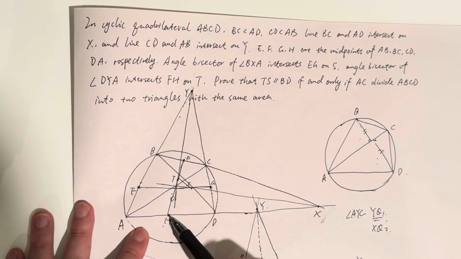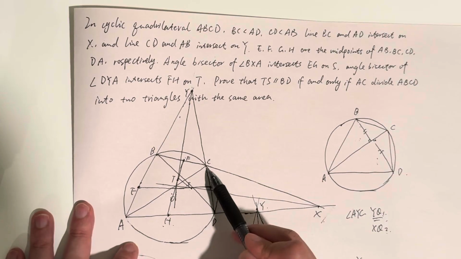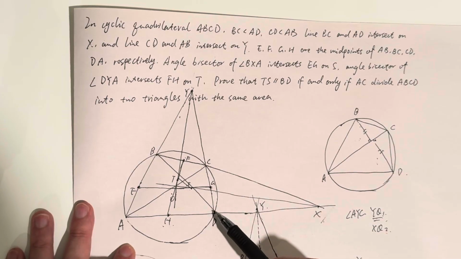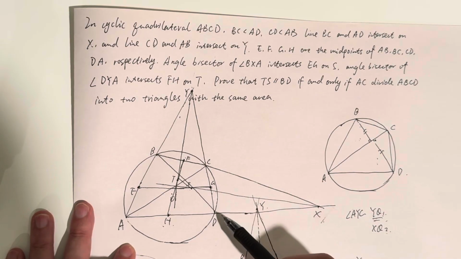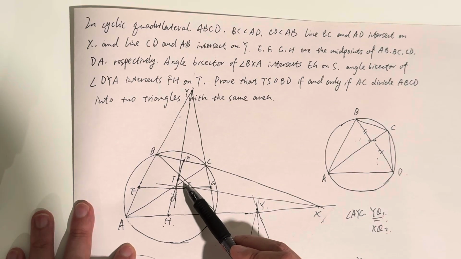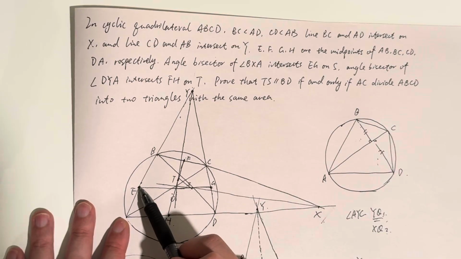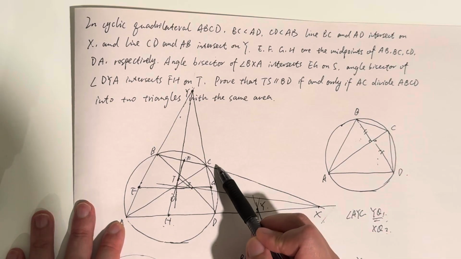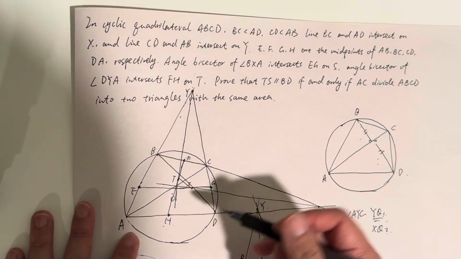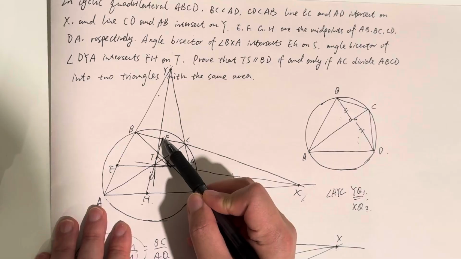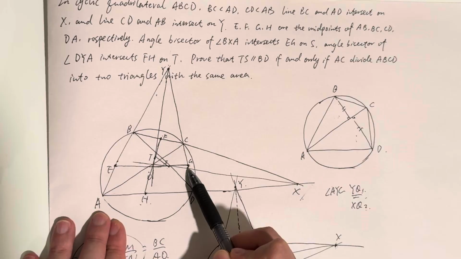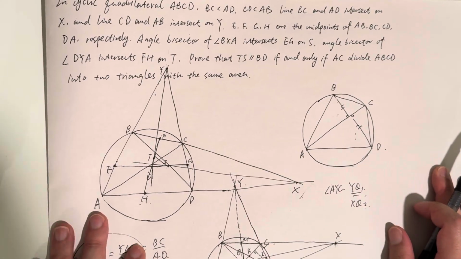And also, because HG is parallel with AC, the distance from HG to AC is half of the distance from D to AC. And we already know that the distance from B to AC equals the distance from D to AC, which means the distance from EF to AC equals the distance from HG to AC, right? And see, EF and HG are parallel and equal. That makes EFGH a parallelogram, right?